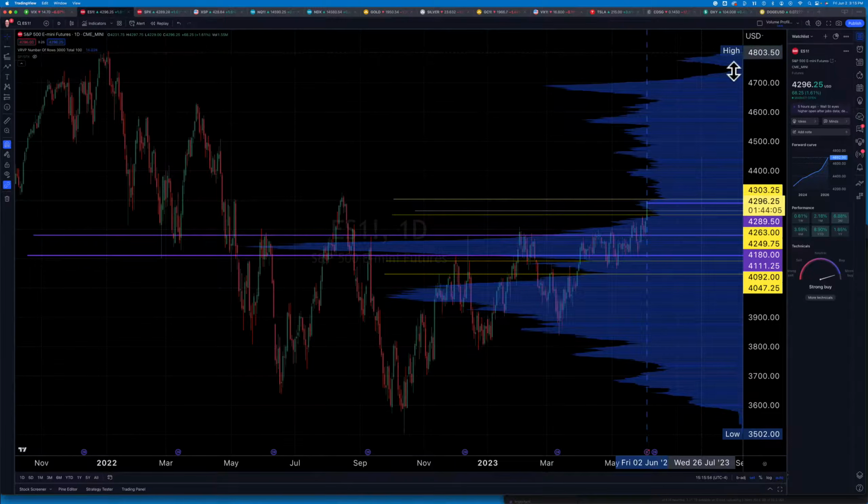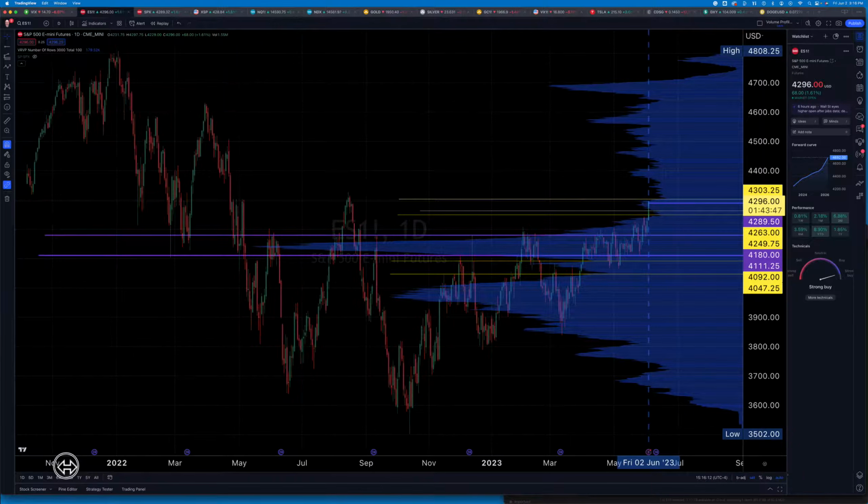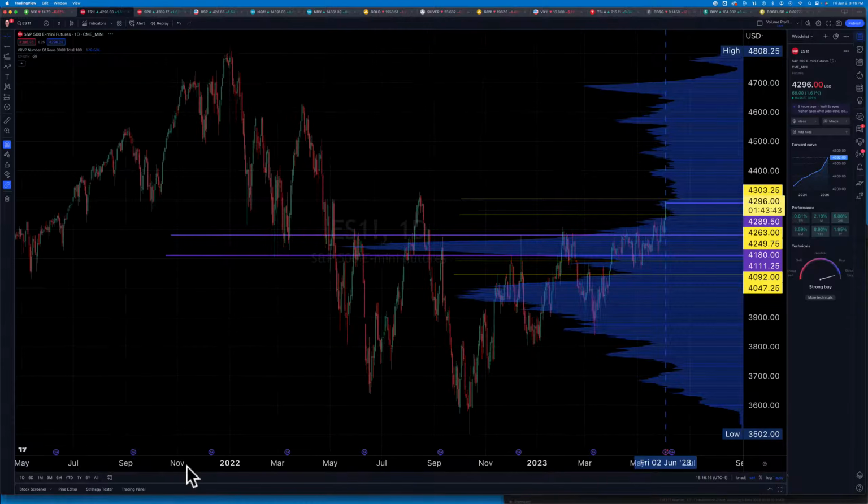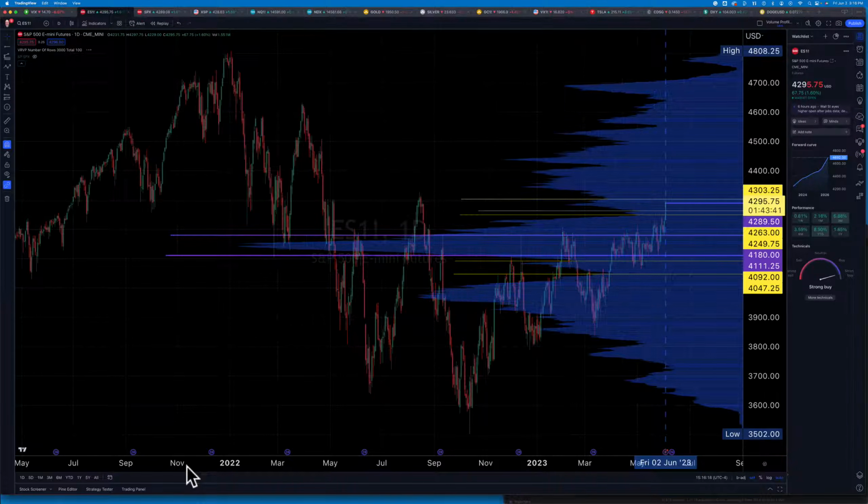Now, the profile that I'm showing here is showing me the profile for everything that's visible in this chart, from back here in, I guess, October of 2022 until the present day. Now, I can condense this chart by grabbing the timeline and moving it in so that I can show more time.